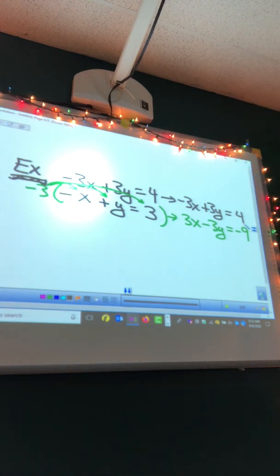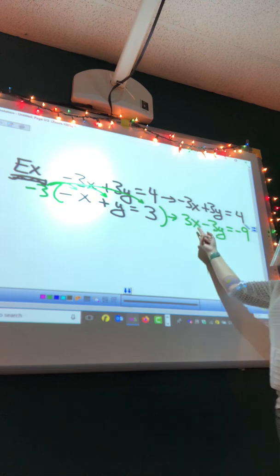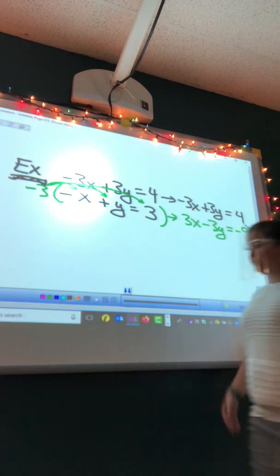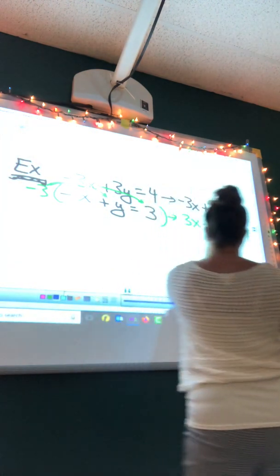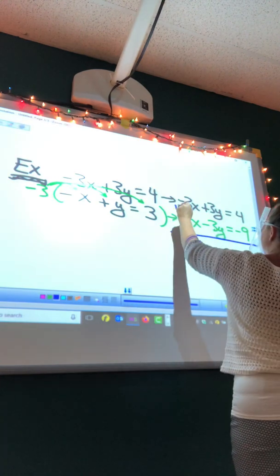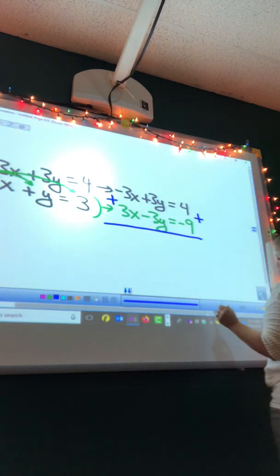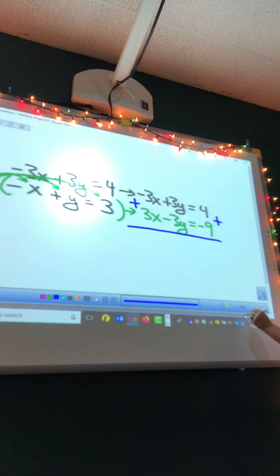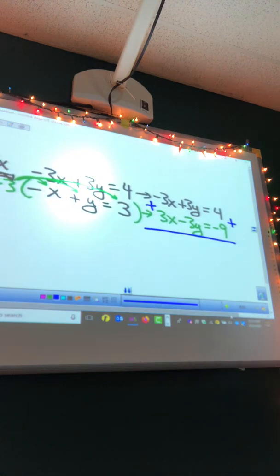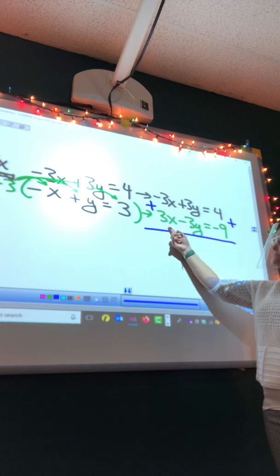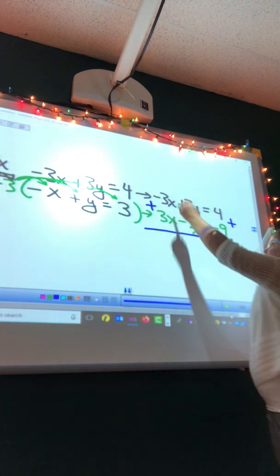All right, so it looks like we have a negative 3x positive. Oh, we're ready to add or subtract, right? We're ready to add, which is eliminating. So, negative 3x, positive 3x, what happens there? They cancel out.